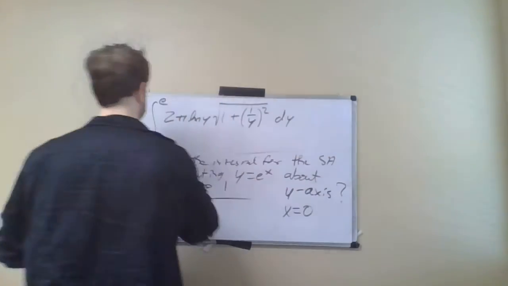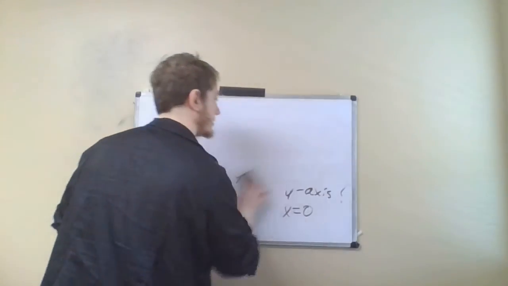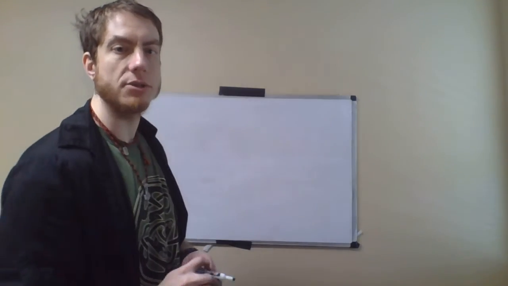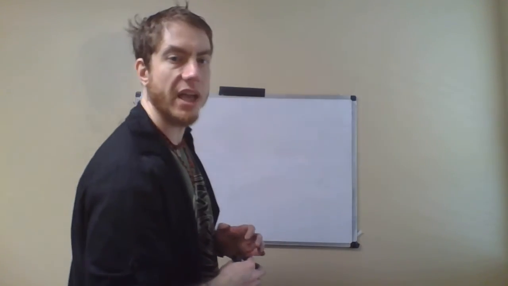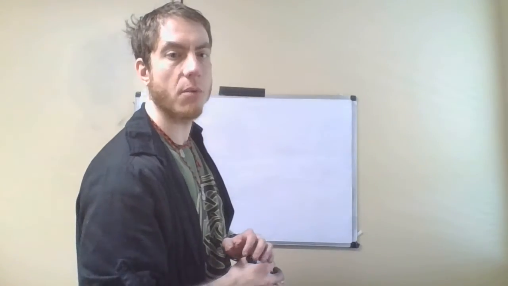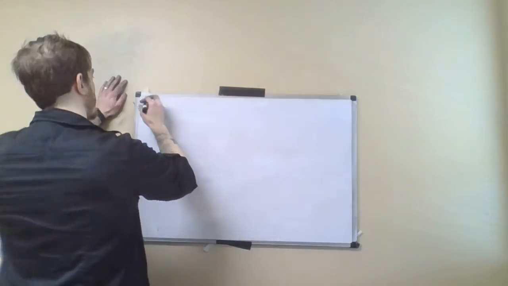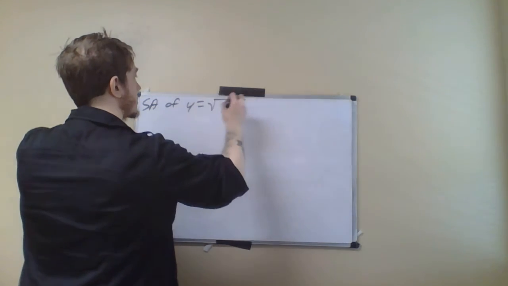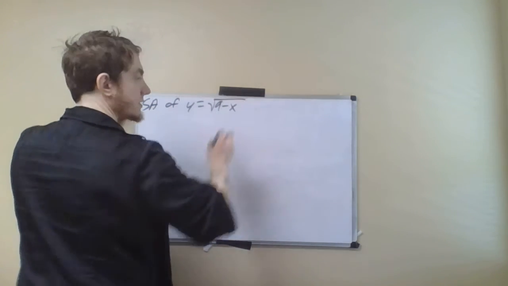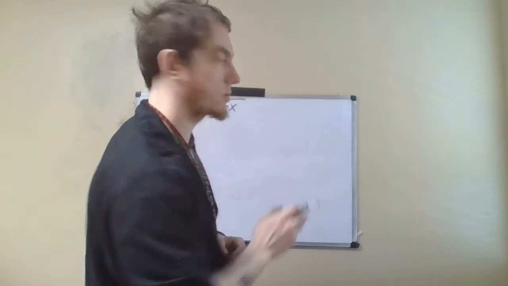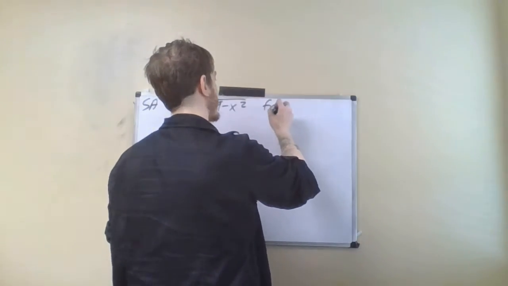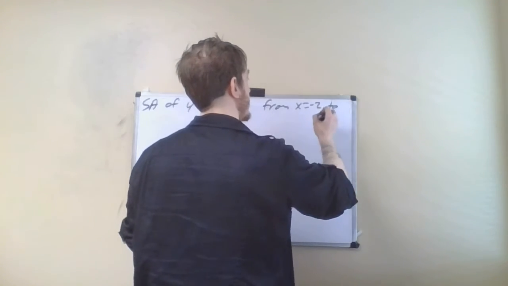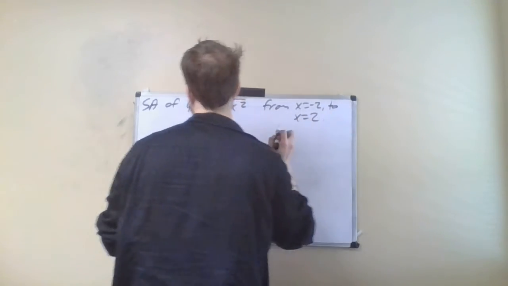So let's take a look at the following surface area question. Let's suppose that we want to find the surface area from rotating the curve y equals the square root of 9 minus x squared from x equals -2 to x equals 2.